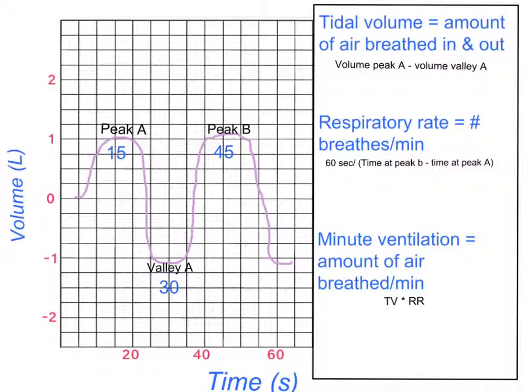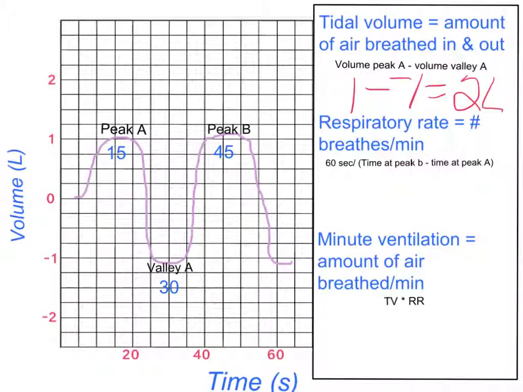Sometimes we'll get negative numbers, but the calculations still work regardless. So we have our volume at peak A, which is 1 liter. Volume at valley A is -1. So we do the math: 1 minus -1, which is 2 liters.